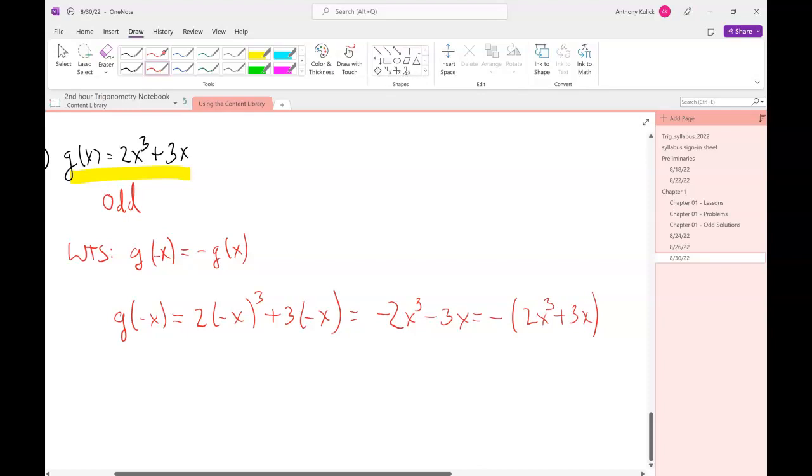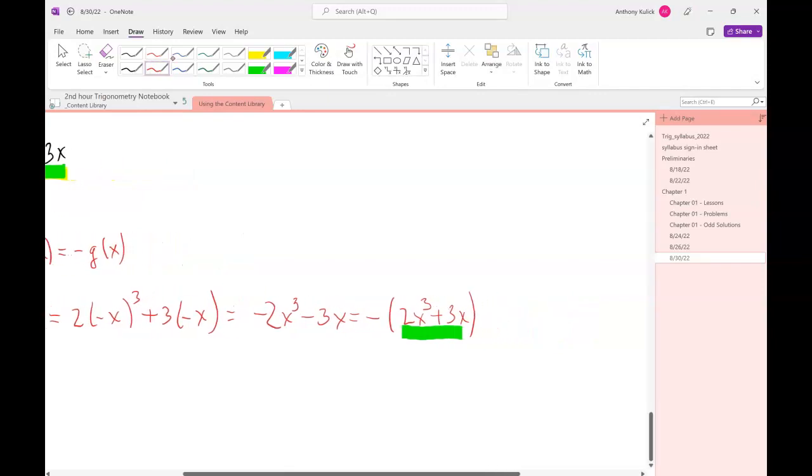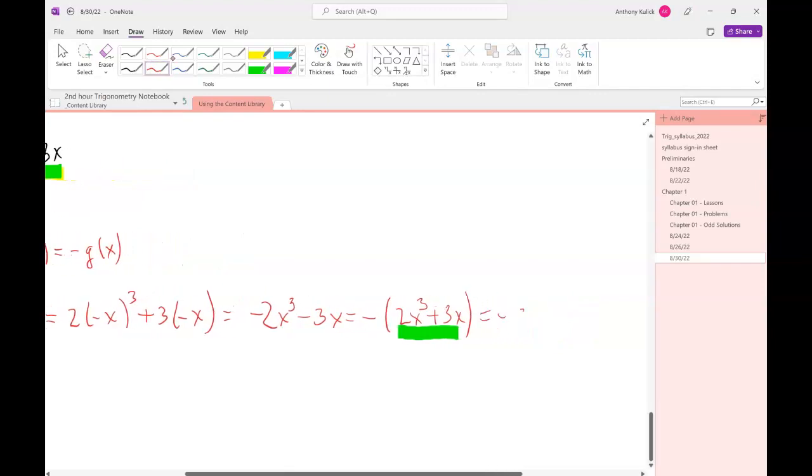Is everybody okay there? Yep. And what do I notice now? That is the same. So I still have that negative sign out front, and that is g of x, which is exactly what I was trying to get to. We're done.